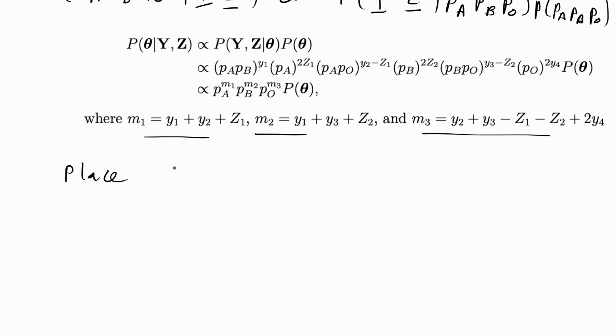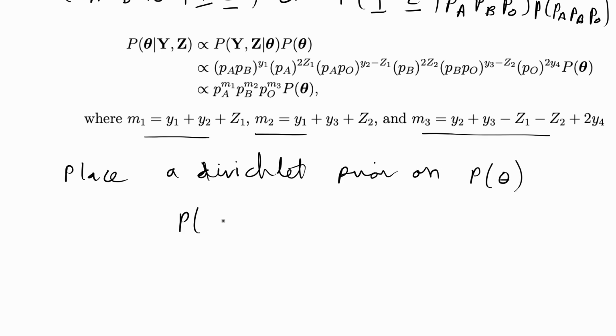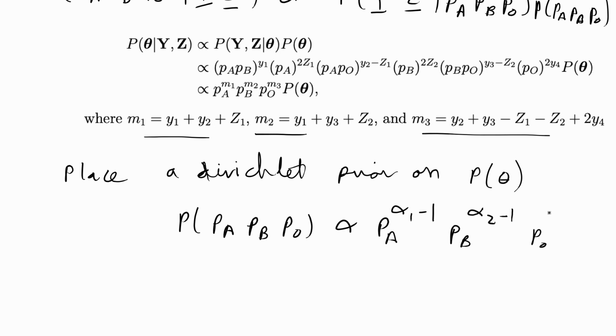So I'm going to place a Dirichlet prior on the parameters. That means that the probability of PA, PB, PO is going to be proportional to PA to the alpha 1 minus 1, PB to the alpha 2 minus 1, and PO to the alpha 3 minus 1, where alpha 1, alpha 2, and alpha 3 are Dirichlet parameters. And in Bayesian statistics, because this is a prior distribution, you would call these 3 parameters hyperparameters.